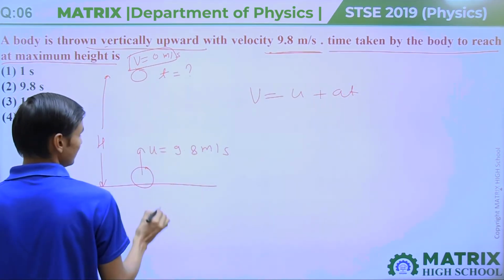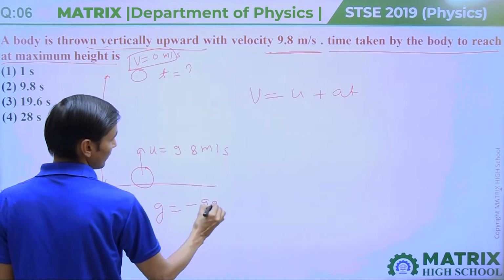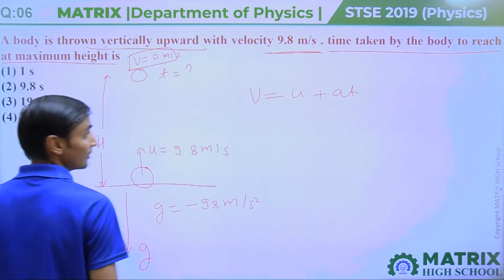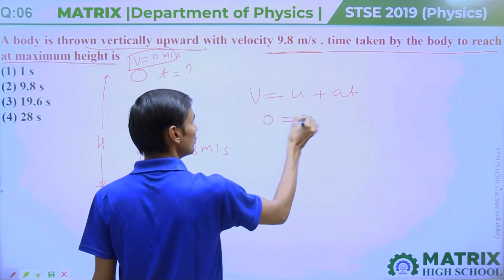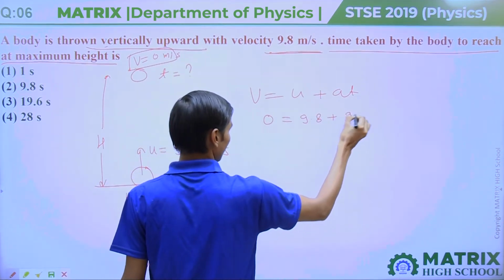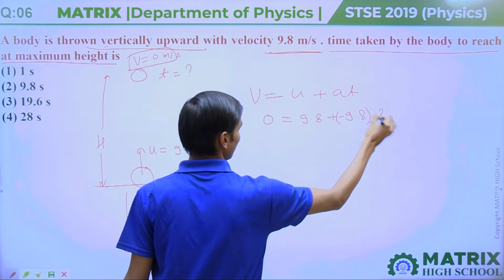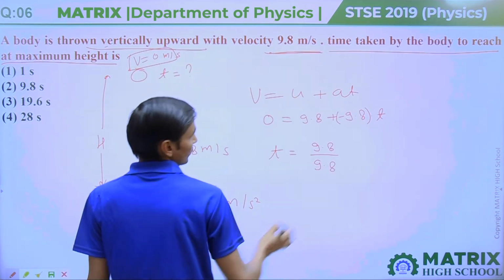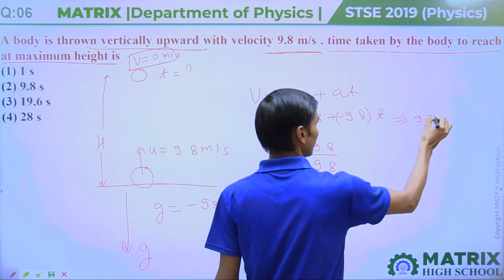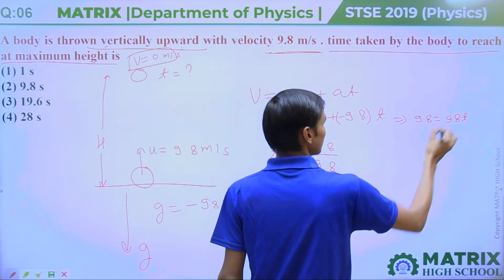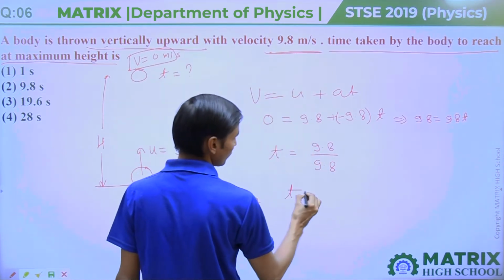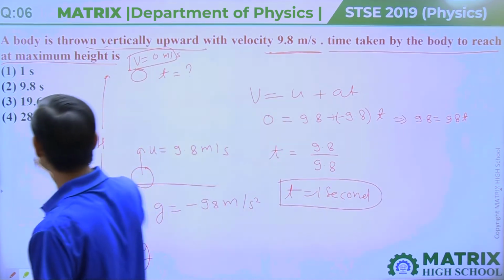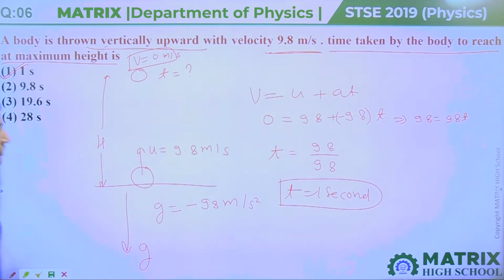Acceleration g is 9.8 meter per second square in the negative direction because g acts downward. So 0 equals 9.8 minus 9.8 t, so t equals 9.8 divided by 9.8, which is 1 second. So the answer will be option 1.